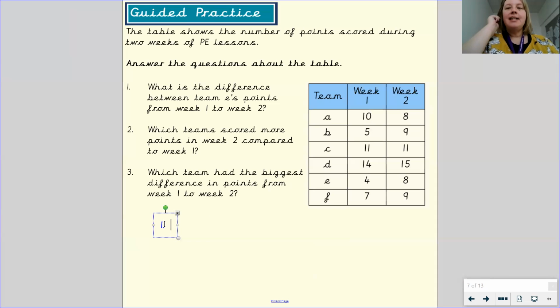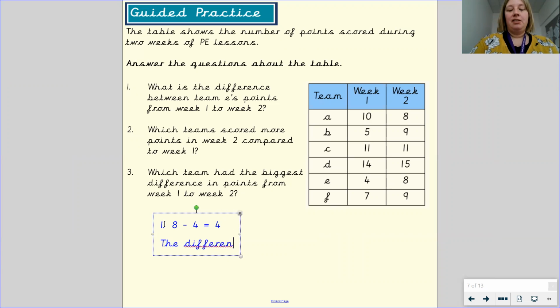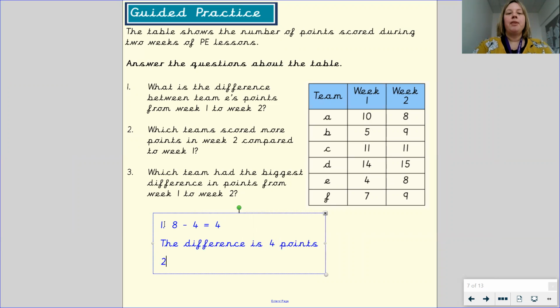I can write that as a subtraction calculation, which would be 8 take away 4 equals, what would the total be? 4. So the difference is 4 points. So then I can write the difference is 4 points.